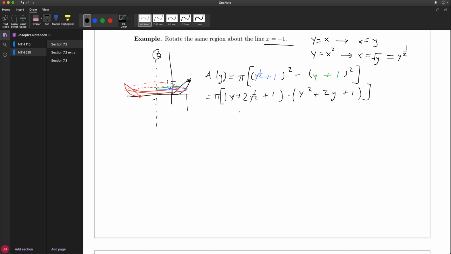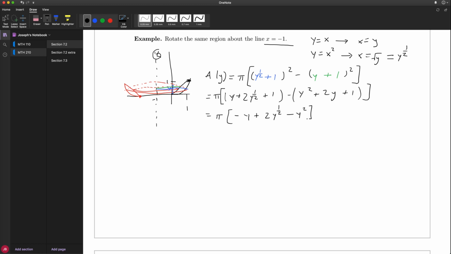This is pi times: y minus 2y is minus y, plus 2y to the 1/2, a 1 minus a 1 is 0, and a minus y squared.